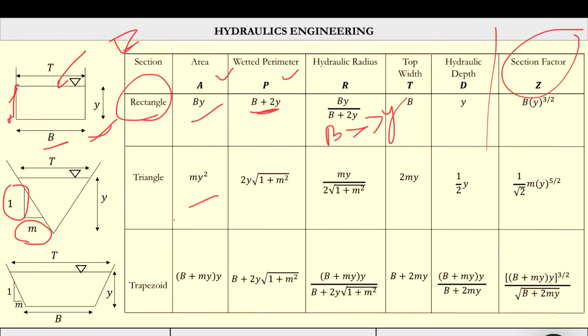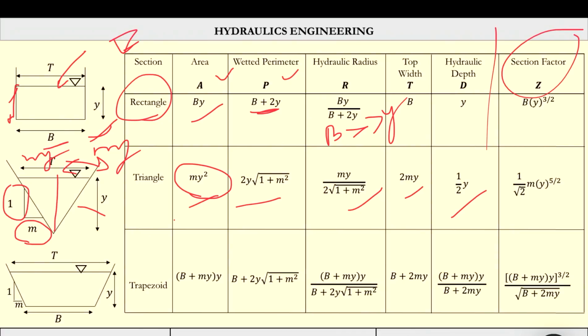So the top width is m Y plus m Y, that is 2mY, and the area is 1 by 2 into Y into 2mY, which gives mY square. The wetted perimeter is 2 times Y under root 1 plus m square, and taking the ratio you get the hydraulic radius. So all the quantities you will get very easily.